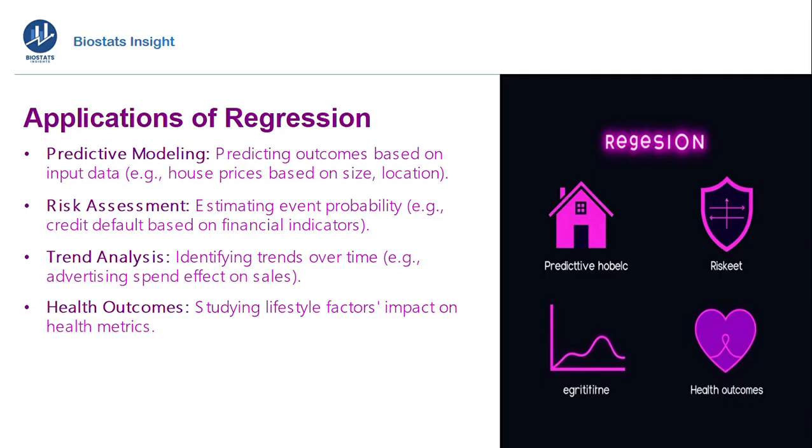So it is a risk assessment. Trend analysis: if you want to see a trend over time, like what your sales estimate is for the first quarter, that is called a trend. And health score: you may want to study which factors impacted your daily lifestyle.